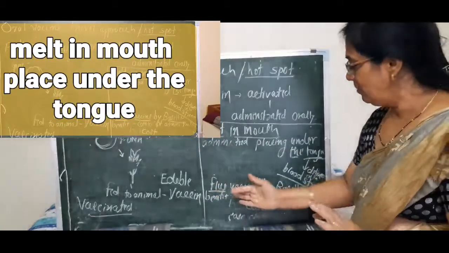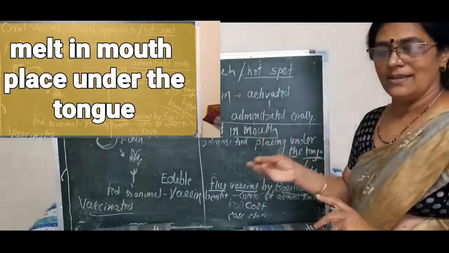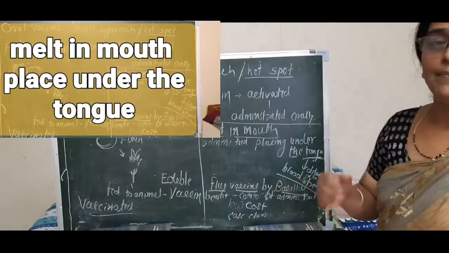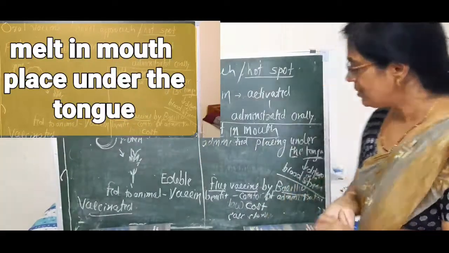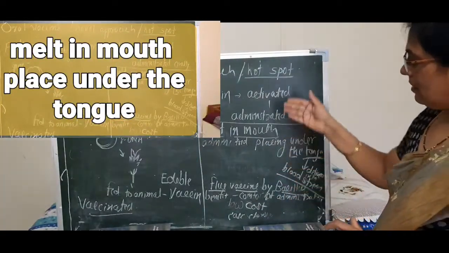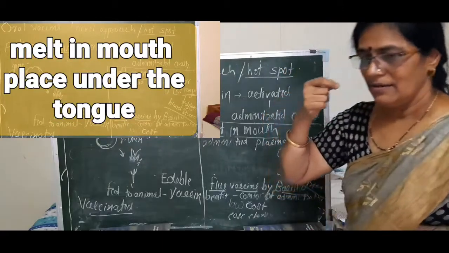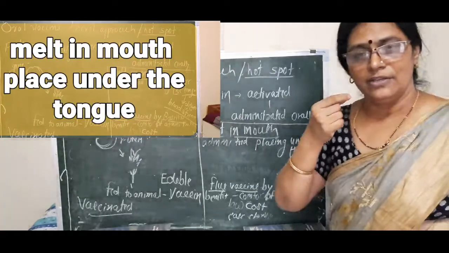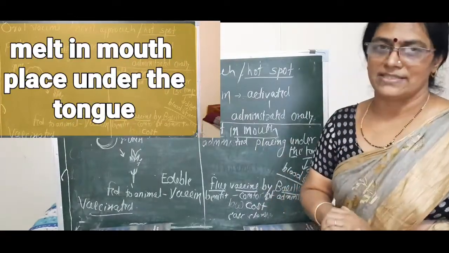For example, the flu vaccines are produced by the Bacillus bacteria. Whenever we place such bacteria under your tongue, it acts as a vaccination.